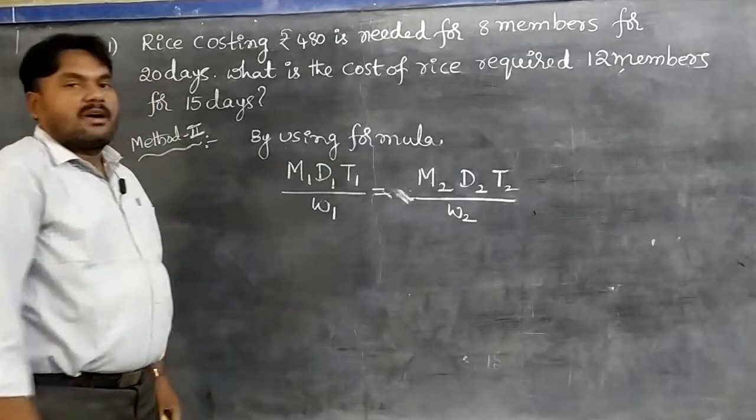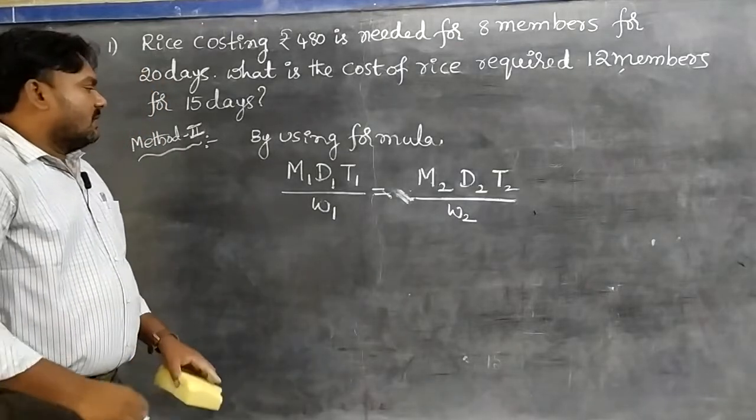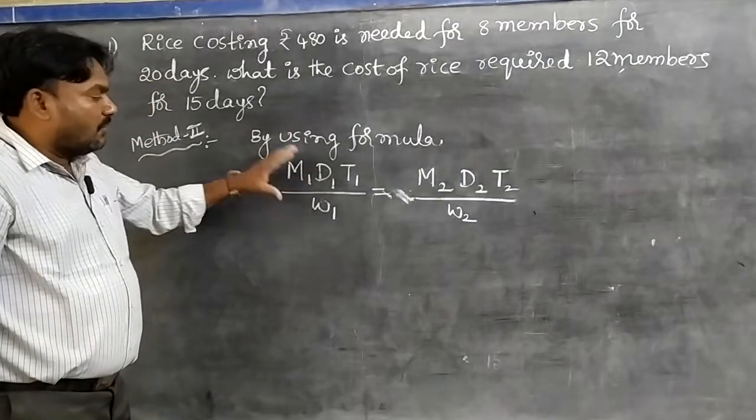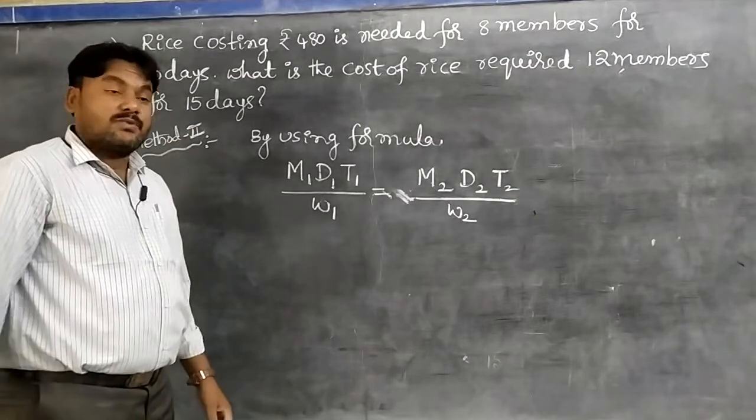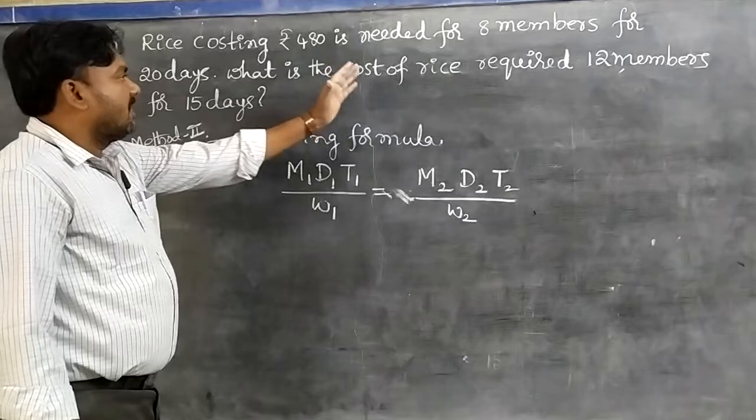This is the way of approach, students. But here, in the formula there are four quantities, while we want just three quantities only. So go through and observe the problem.